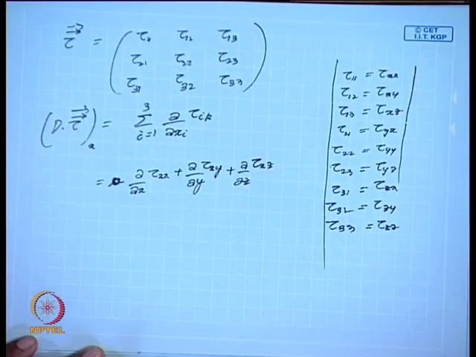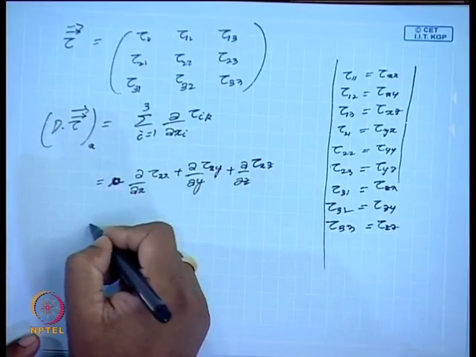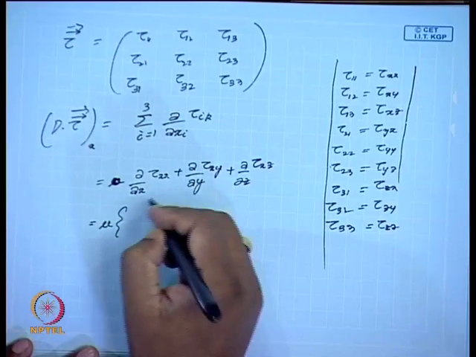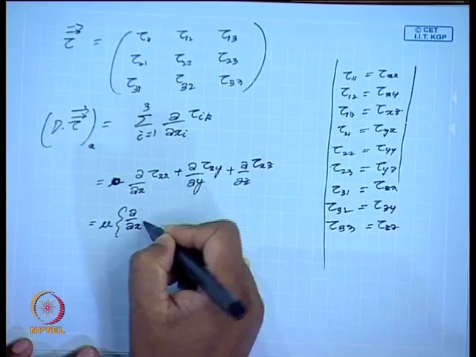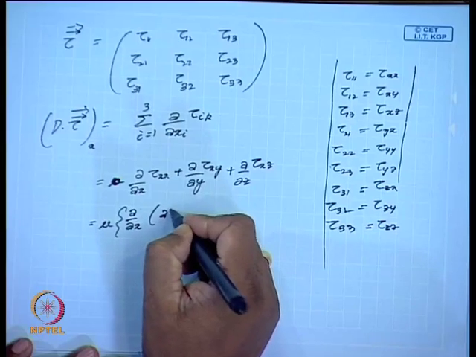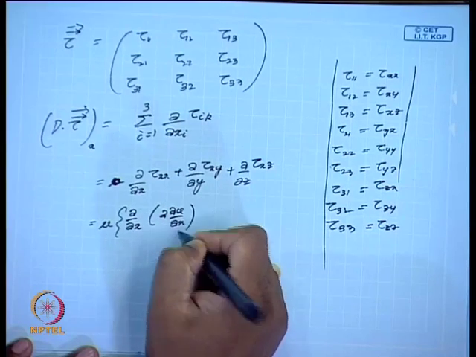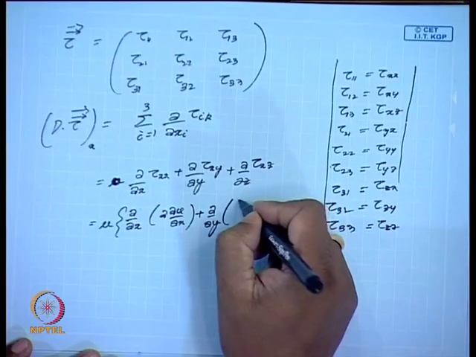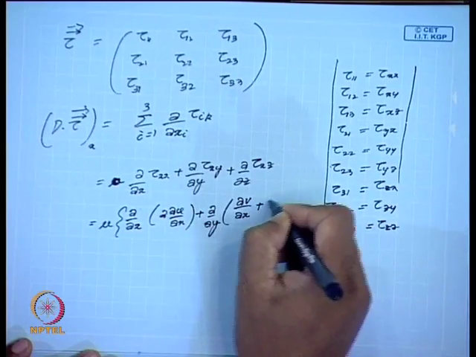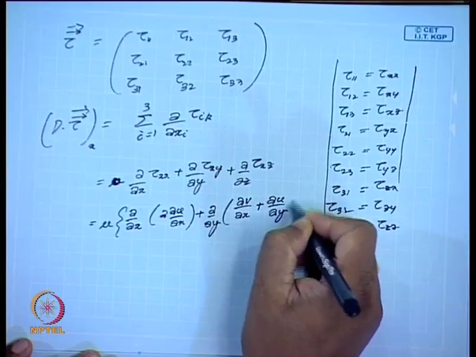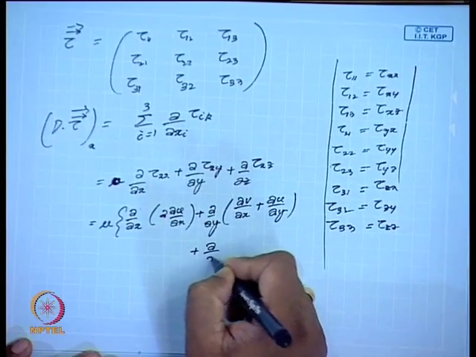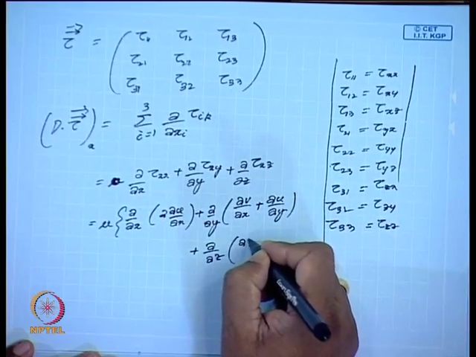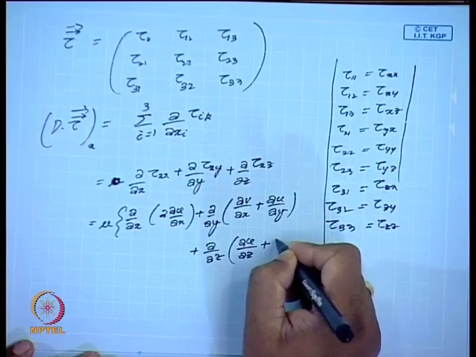With further simplification, substituting from the Stokes postulate, that will give me mu times del by del x tau x x, which is 2 del u by del x, plus del by del y tau x y, which is del v by del x plus del u by del y, plus del by del z tau x z, that is del u by del z plus del w by del x.